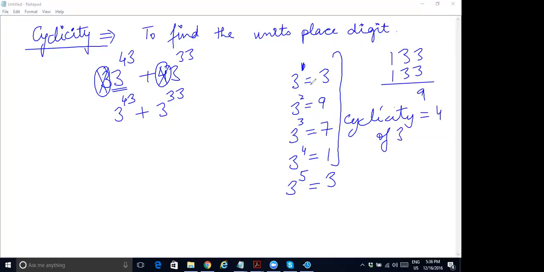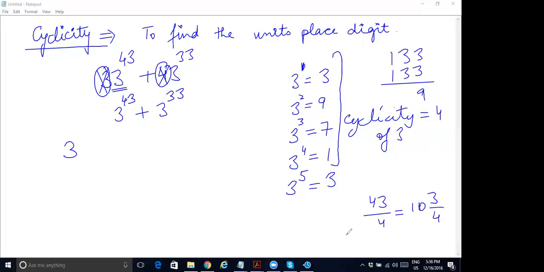Now, if cyclicity is 4, how can we use this? We rewrite 43 in the division form: 43 divided by 4, we get 10 and remainder 3.